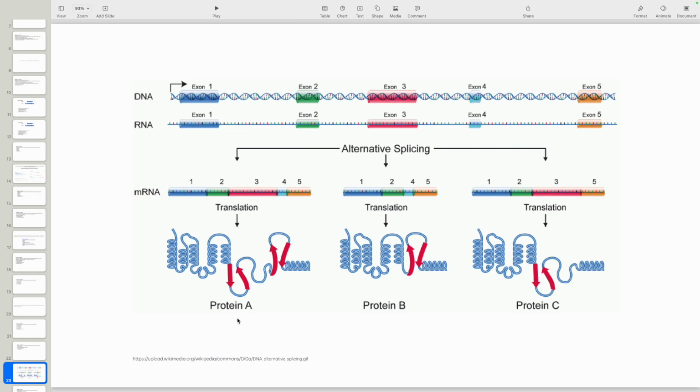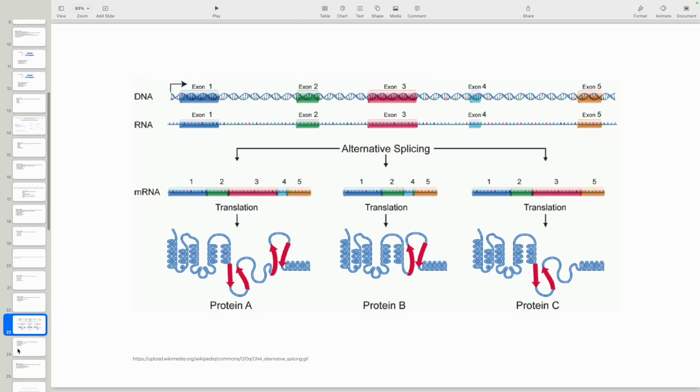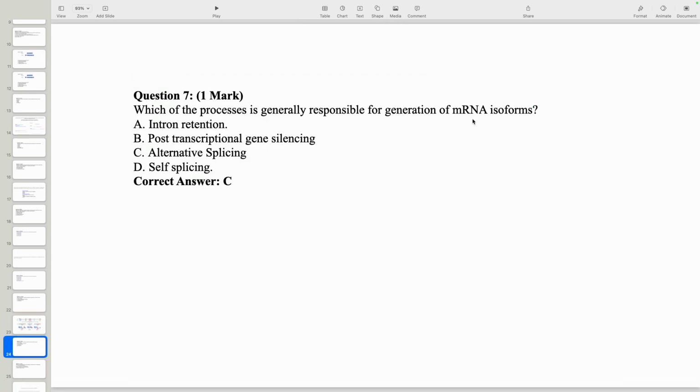Let's suppose liver: we have the same gene in the liver as well as the heart, but the protein in the heart is different from the protein in the liver, because of alternative splicing of the gene, which forms different proteins from the same genes. So the process by which these mRNA isoforms are formed is alternative splicing. I hope this question is clear.